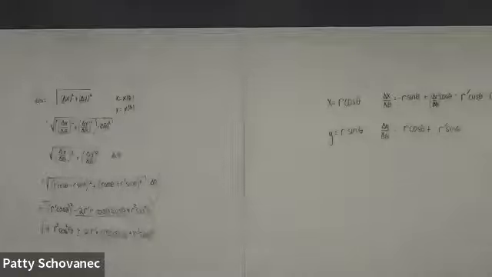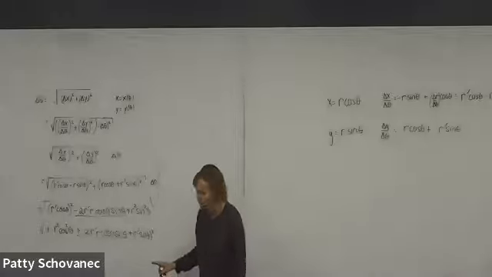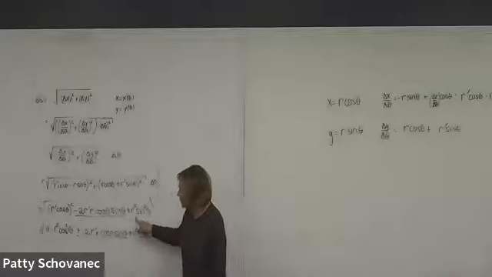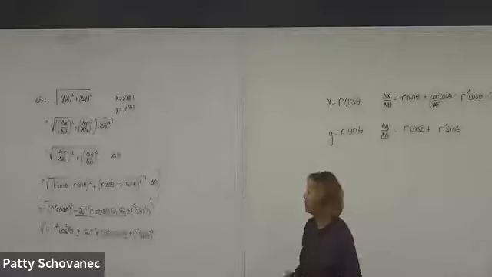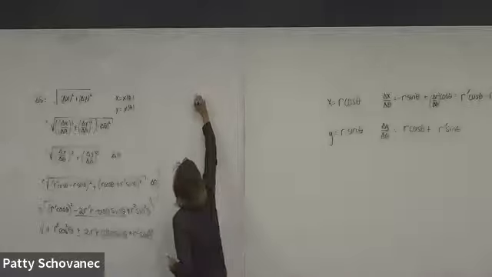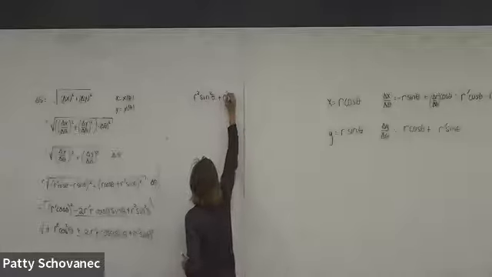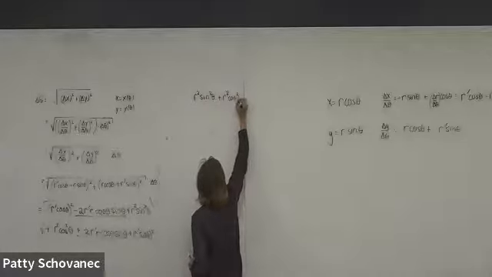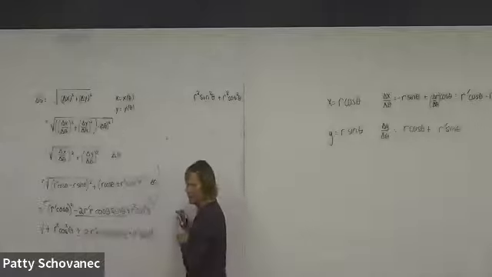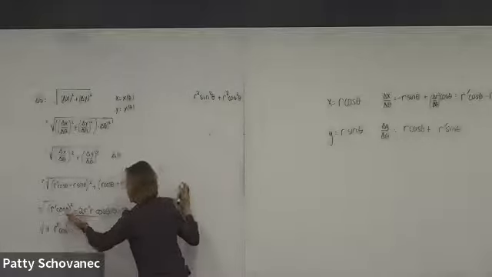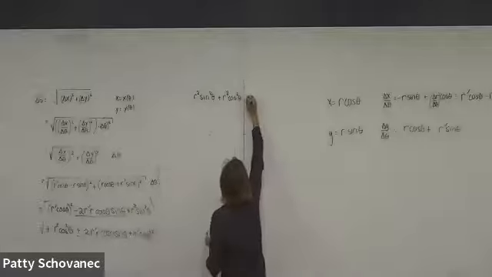Okay. Next, I have a couple of r squared terms. I have an r squared sine squared added to an r squared cosine squared. So I've got r squared sine squared theta plus r squared cosine squared theta. That's this one, that one. This is an r prime squared cosine squared plus r prime squared sine squared.